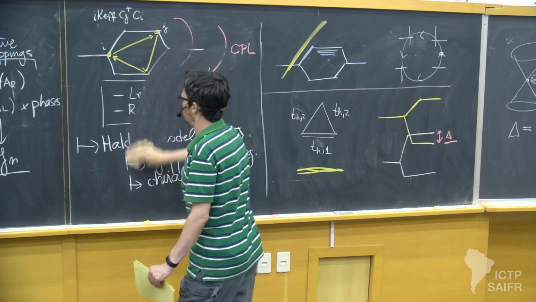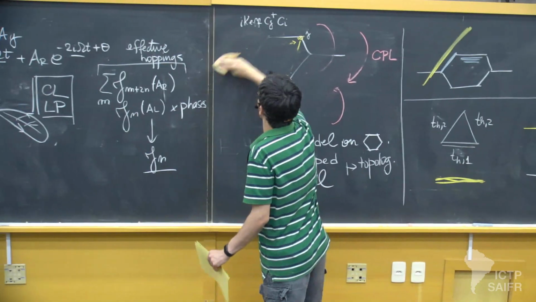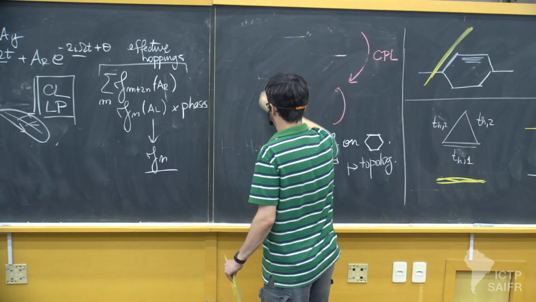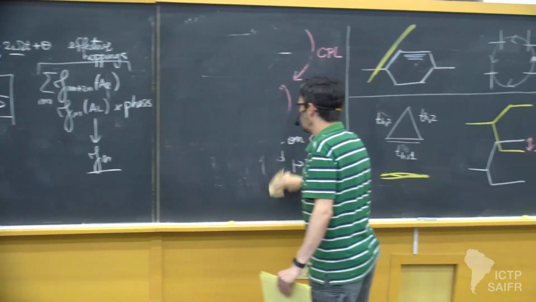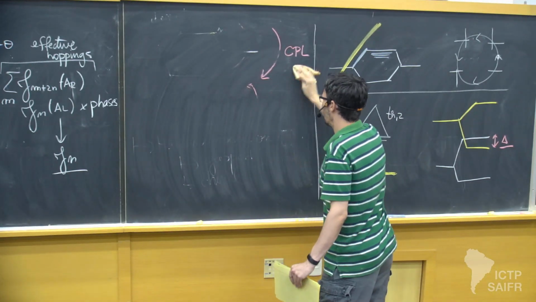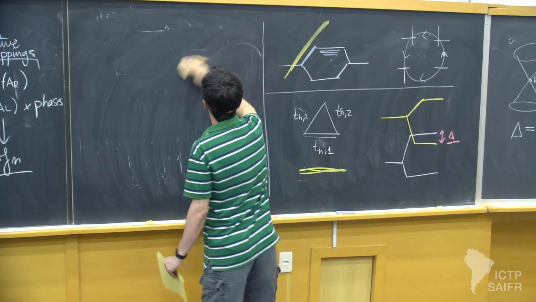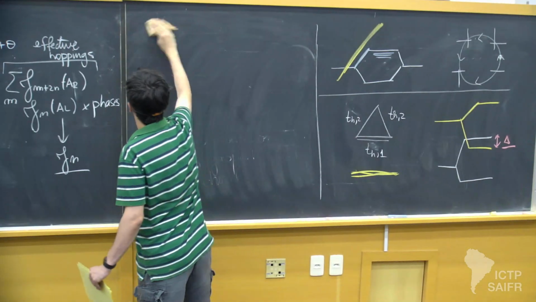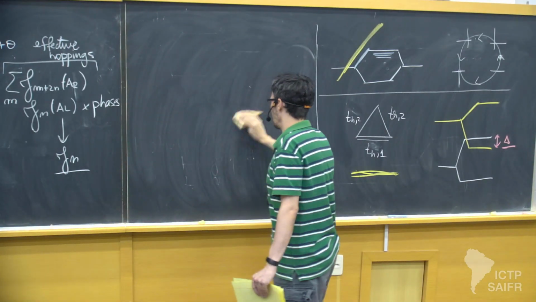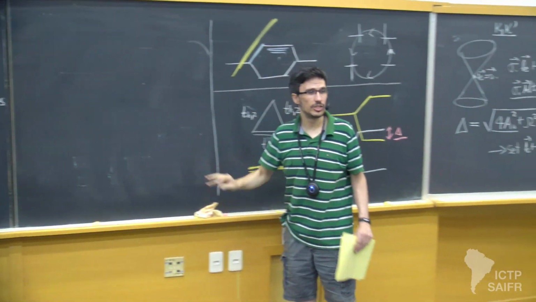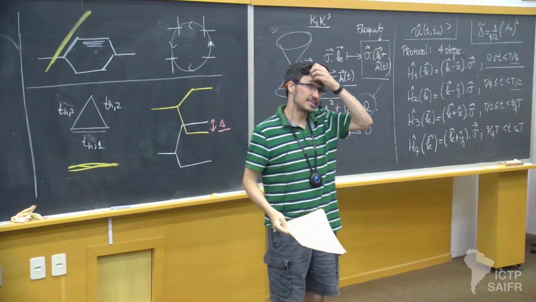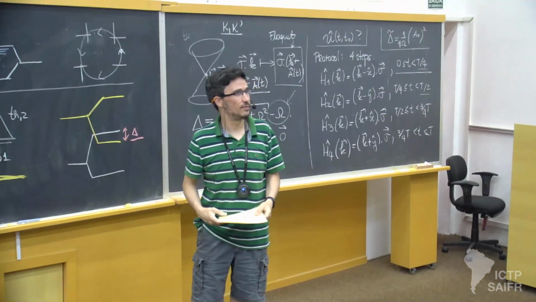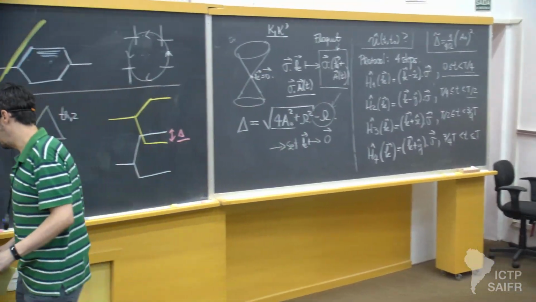All right, so what is the next model? The challenge for this next model is actually to find the bands, because it becomes a slightly complicated model in real space. So in a sense, what I'm going to describe now is a very nice exercise of solid state physics. You're going to see why.